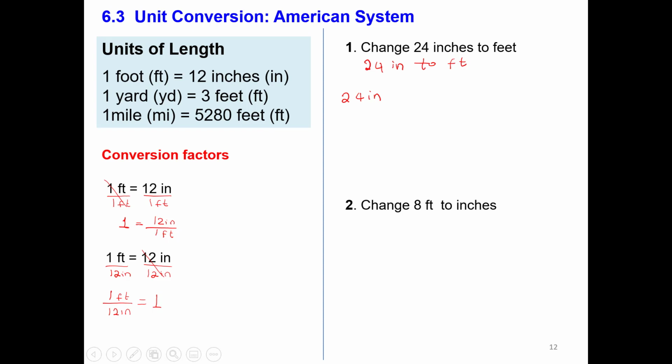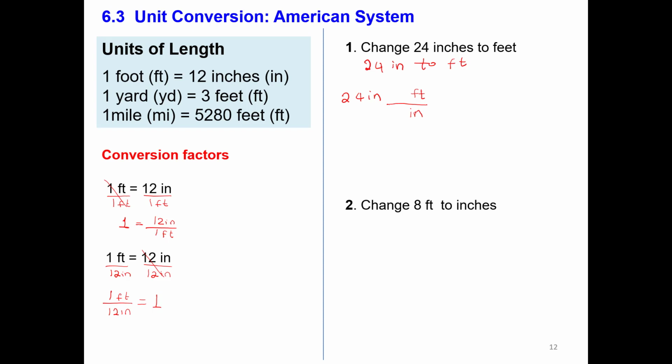We don't want inches, we want feet, so we need to write it in a way that the inches cancel out. We need inches in the denominator and feet on top, because it's the only way we can cancel out the inches.